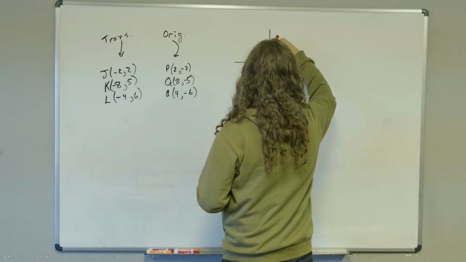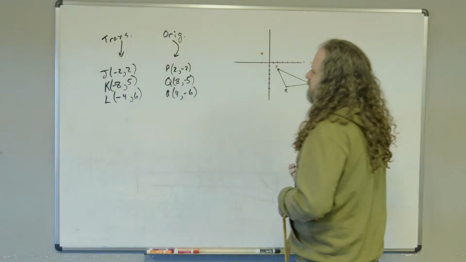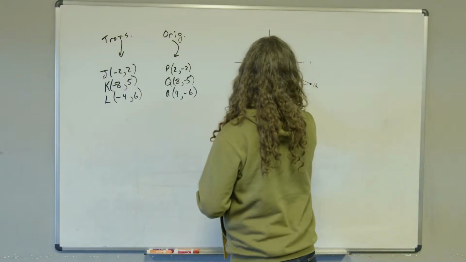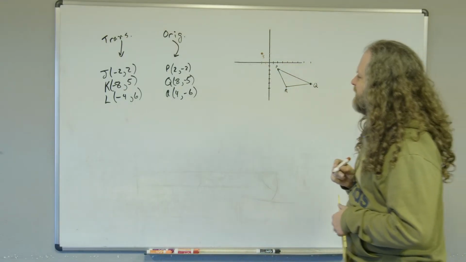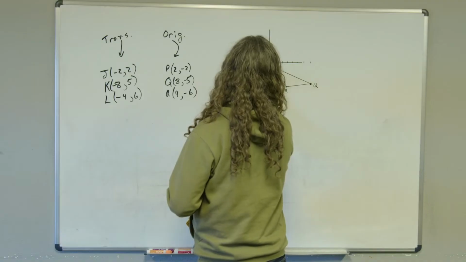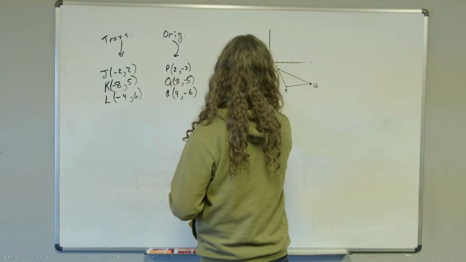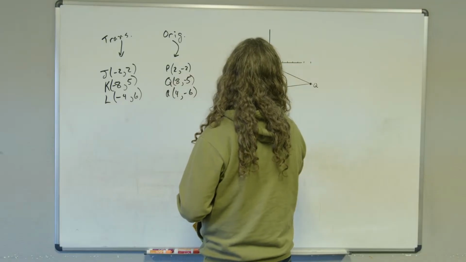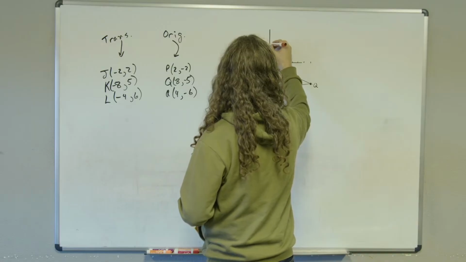-2, 2. There's a J. All right. K is at -8, 2, 3, 4, 5, 6, 7, 8. 5. 1, 2, 3, 4, 5.